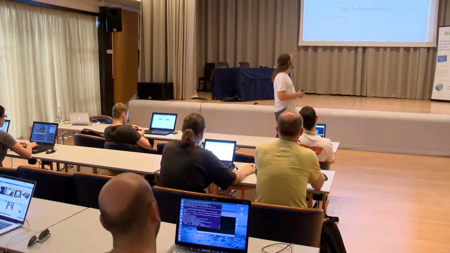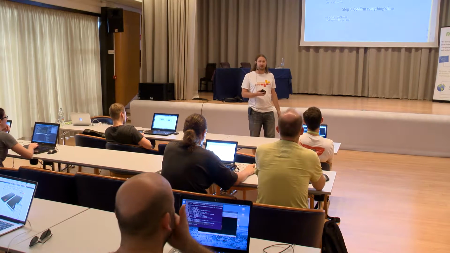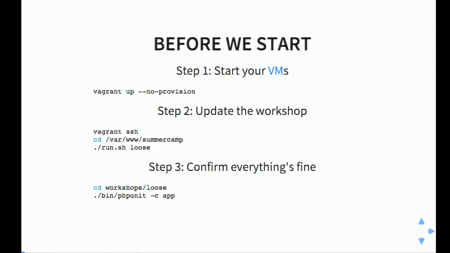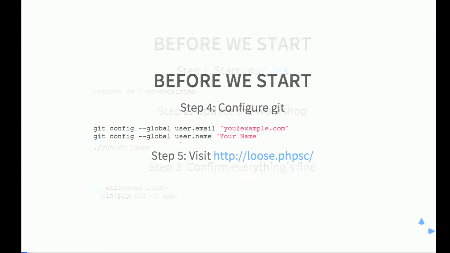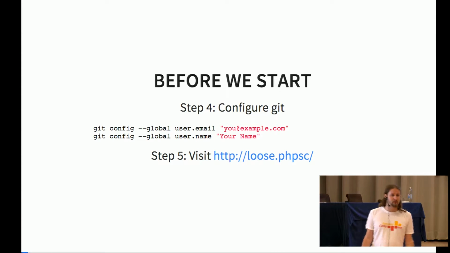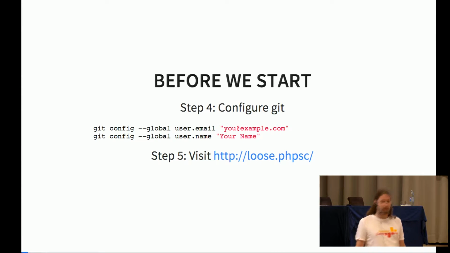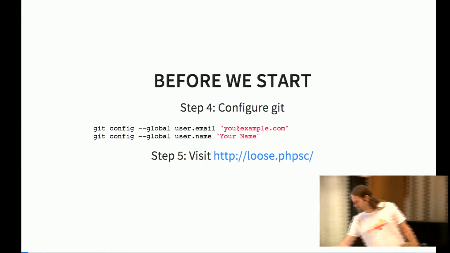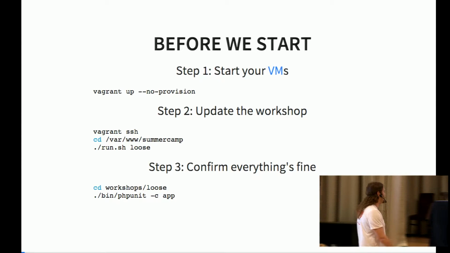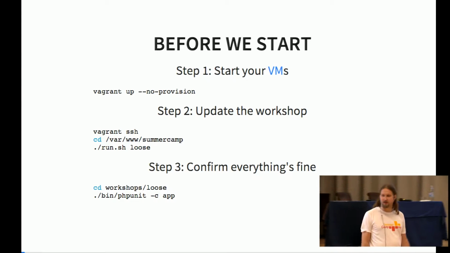Before you start, I want to see the PHPUnit passing, and that's not going to work this way. Also, it's worth configuring Git on your VMs, because we'll try to commit stuff from within the VMs. Unfortunately, it didn't fit into a single slide.